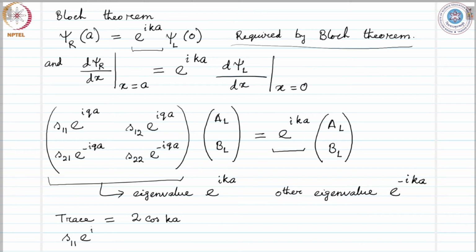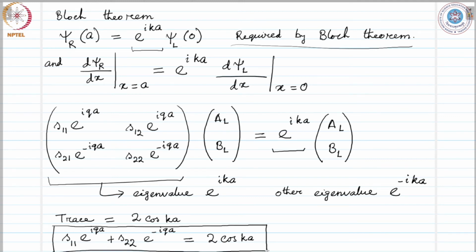S11 e power i q a plus S22 e power minus i q a, that is the trace of this matrix. This has to be equal to the trace of the matrix that we have obtained from the other method, twice cosine k a. This is the compatibility equation that must be satisfied.